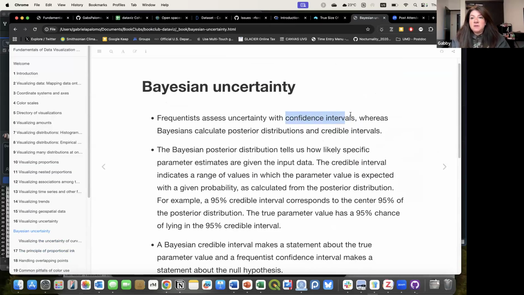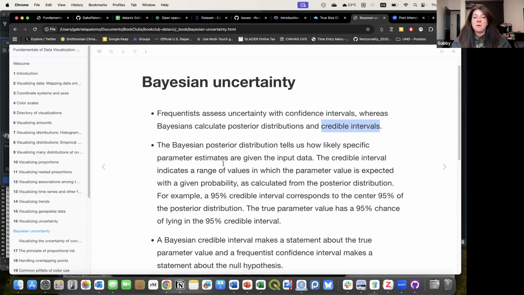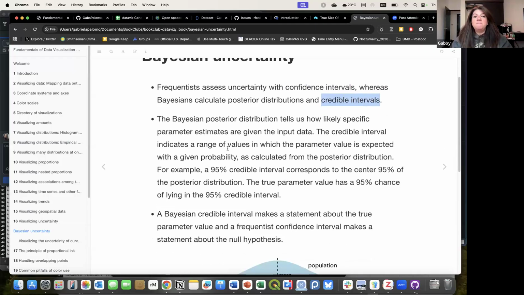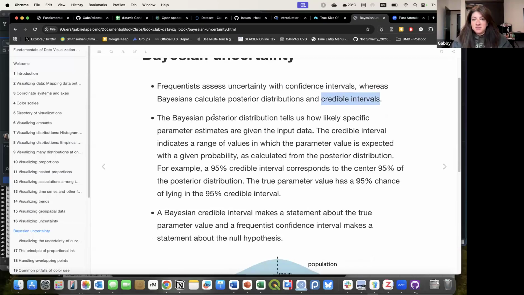Confidence intervals come from the null distribution, and the credible intervals come from the posterior distribution. So everything that has to do with Bayesian statistics has to do with distributions and with drawing thousands of samples coming from a distribution.